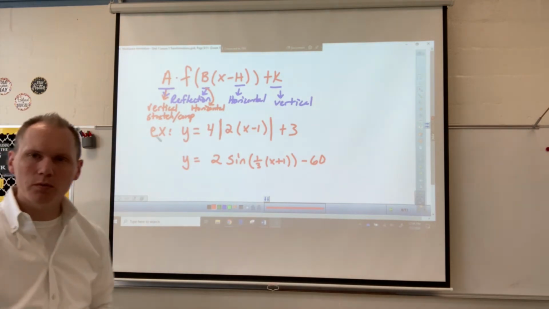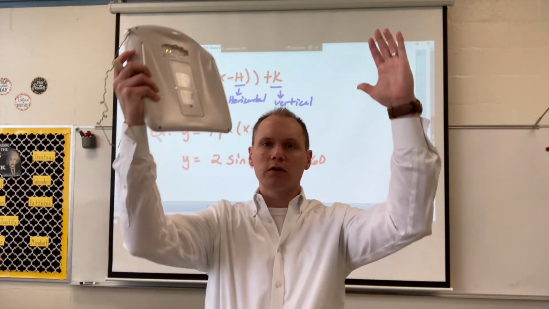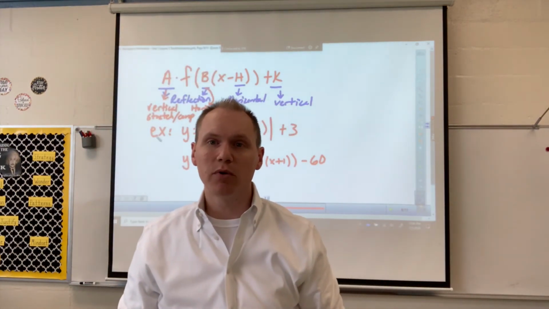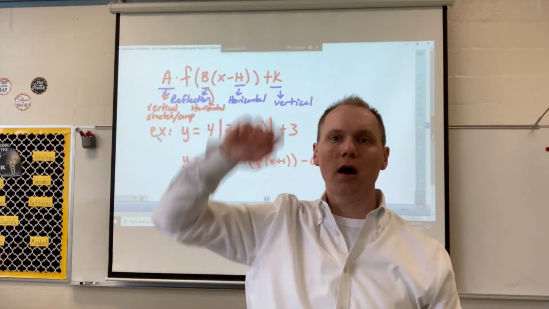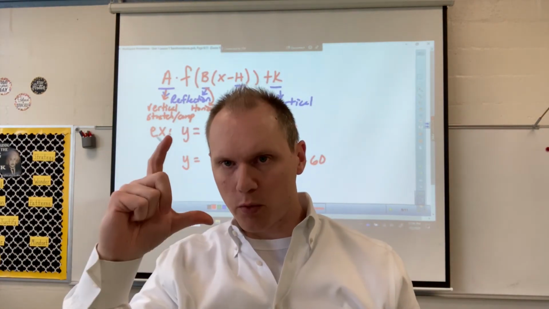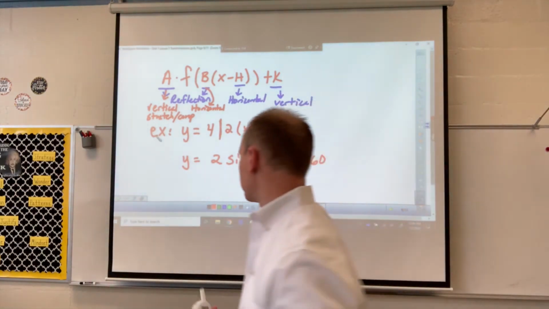And again, we'll see what we mean by that here in just a minute, but if you think about a graph stretching vertically, it's really changing the shape of it. And so it's going to be extending further up or down, or being compressed vertically or being compressed horizontally, things like that.